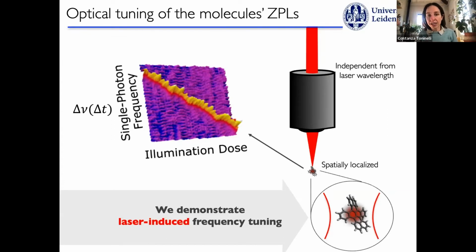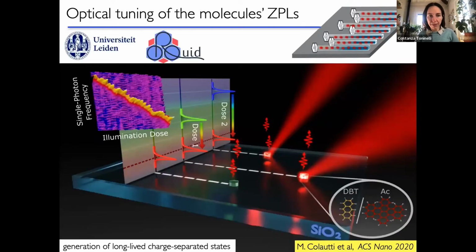I was then crazy enough to ask people working with me to use this to demonstrate the possibility to tune into resonance different molecules on the same chip. That would be very powerful because you cannot do it with electrodes, you don't have the same spatial resolution that you can have with a laser beam.